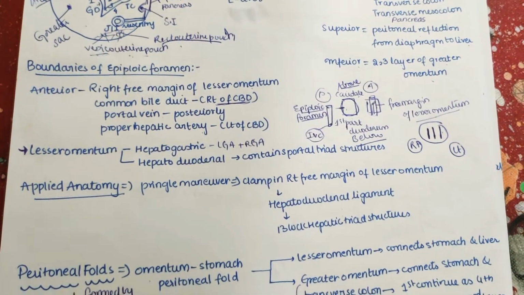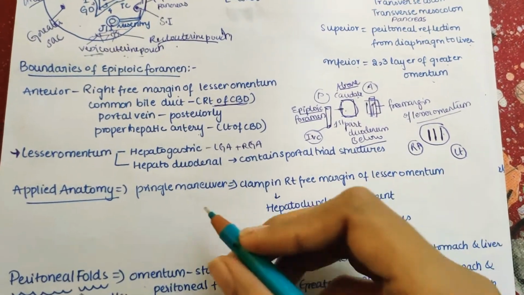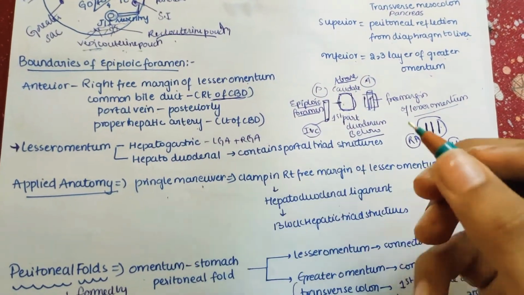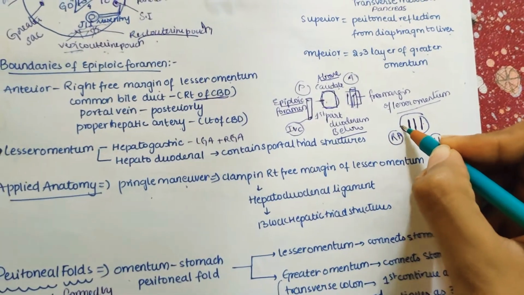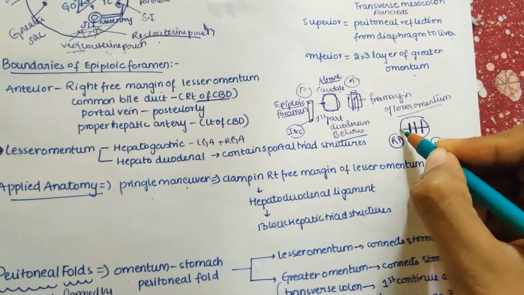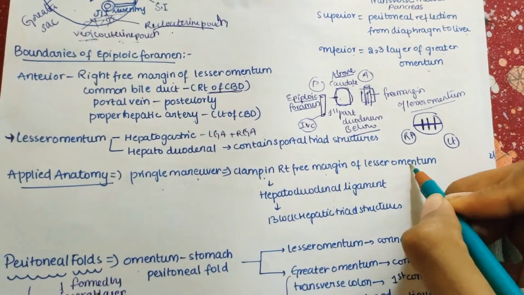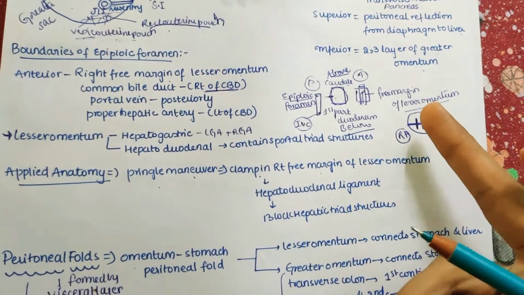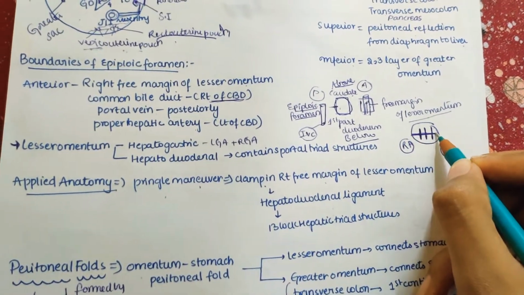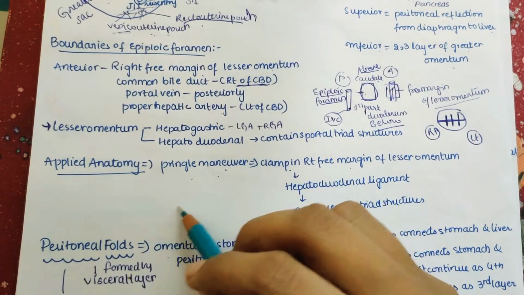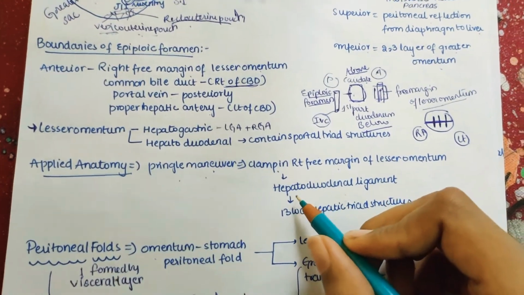So we have one clinical applied anatomy, that is the Pringle maneuver. What is Pringle maneuver? If you put a clamp in the right free margin of lesser omentum, then what happens? That is Pringle maneuver. This is applied anatomy.